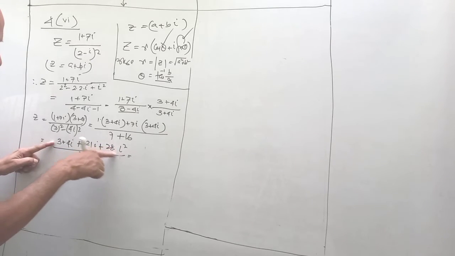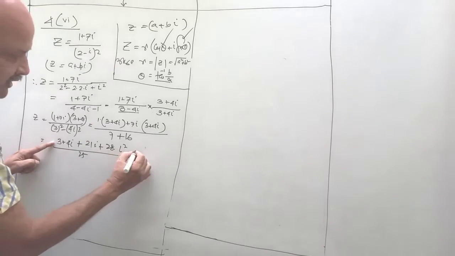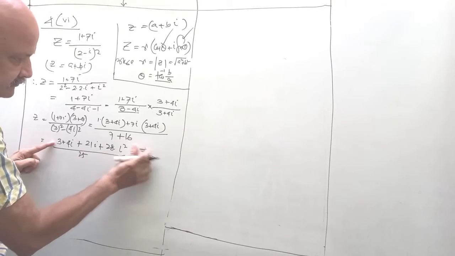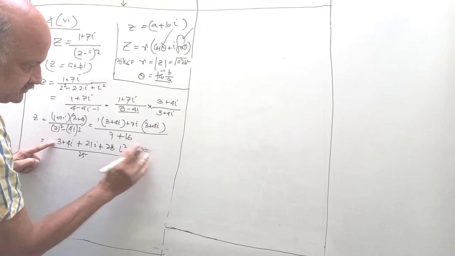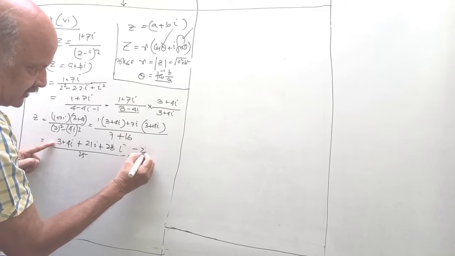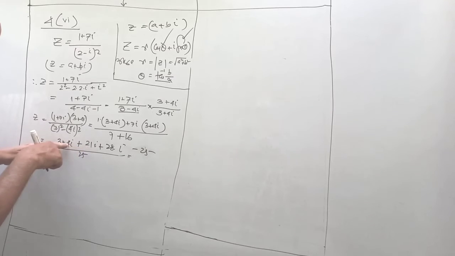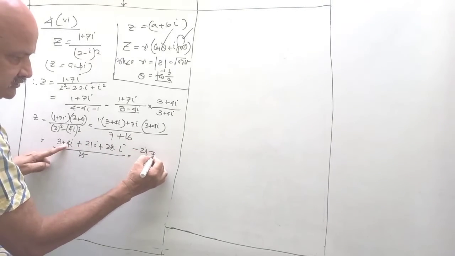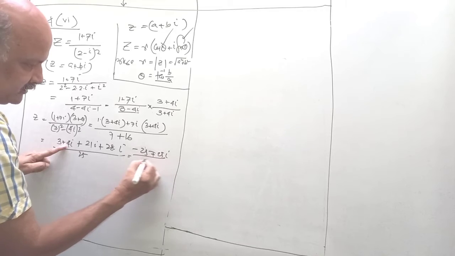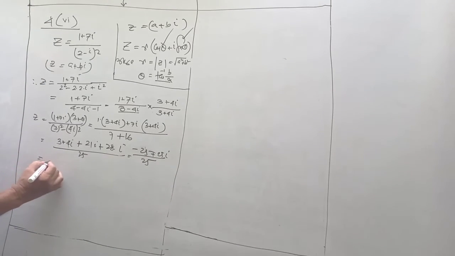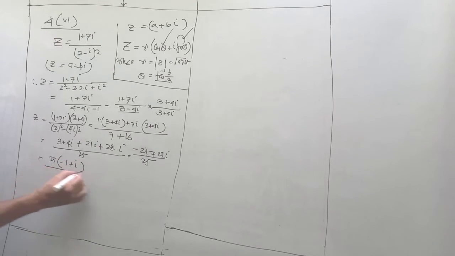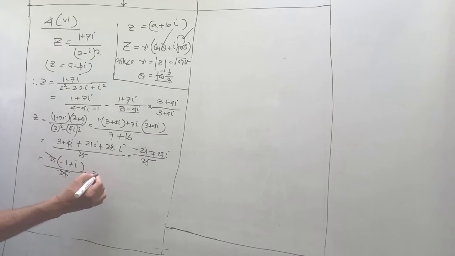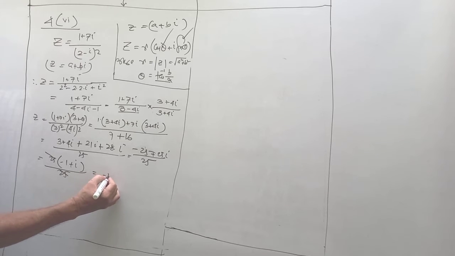This is −28 and 3 − 25, and 4i + 21i is 25i, by 25. Here you see 25 you take common and you are getting −1 + i divided by 25. 25 cancels.